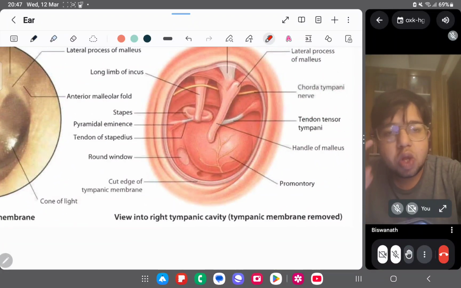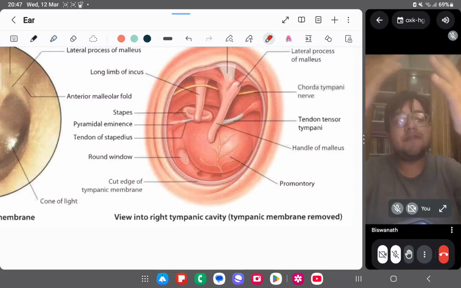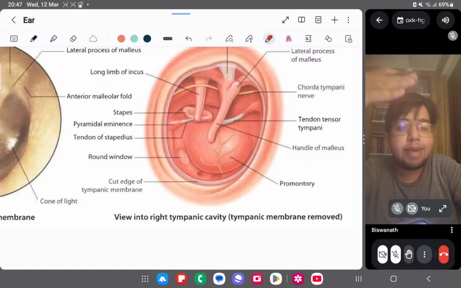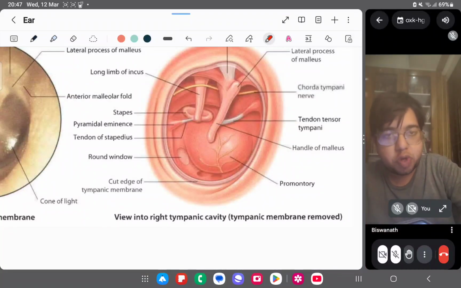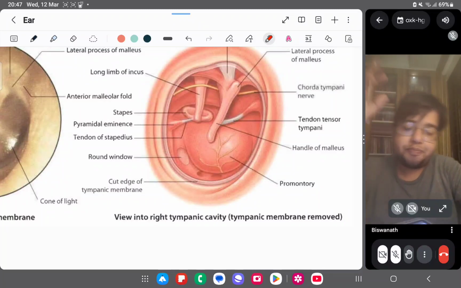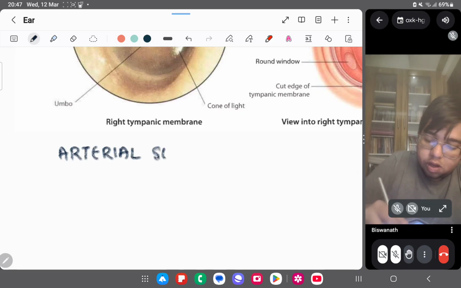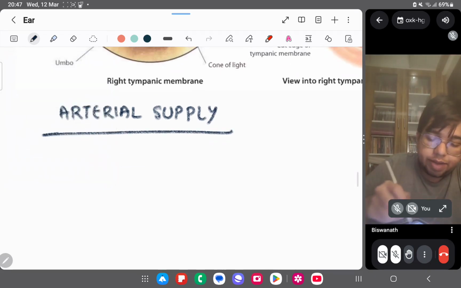Arterial supply. The outer surface is given by the deep auricular artery, and the inner surface by the anterior tympanic artery, deep auricular artery and anterior tympanic artery. So if I talk about the arterial supply of the tympanic cavity, let's talk about the arterial supply.